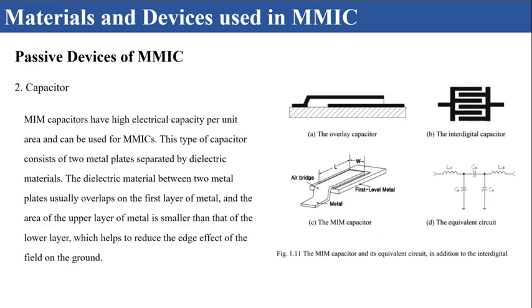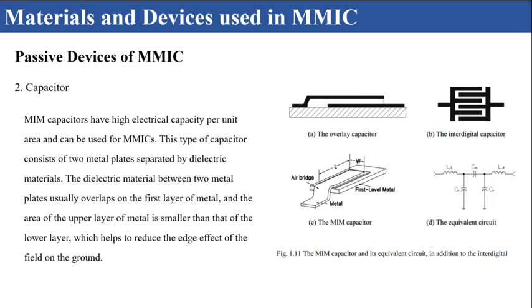MIM capacitors have high capacitance per unit area and can be used for MMICs. This type of capacitor consists of two metal plates separated by dielectric materials.